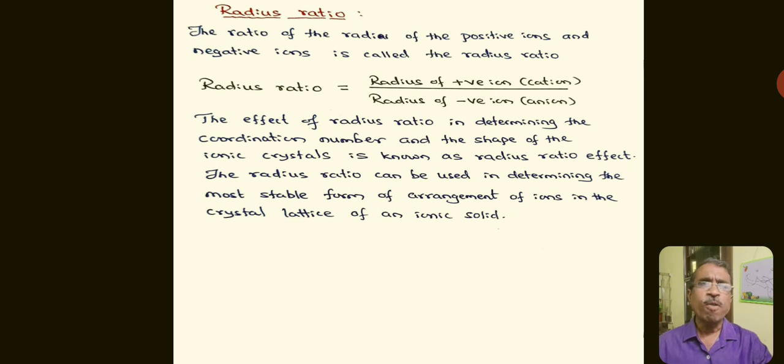The effect of radius ratio in determining the coordination number and shape of the ionic crystals is known as radius ratio effect. The radius ratio can be used in determining the most stable form of arrangement of ions in the crystal lattice of an ionic solid.